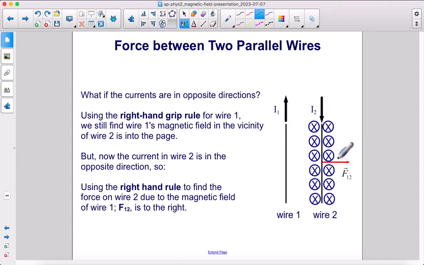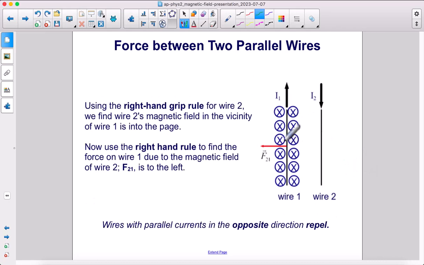You can do the same steps again, and you'll find that the force on wire 2 is to the right. You can do the same thing again for wire 1. We can use right-hand grip rule to determine what the field looks like around this wire, which is out of the page to the right of the wire, into the page to the left of the wire.